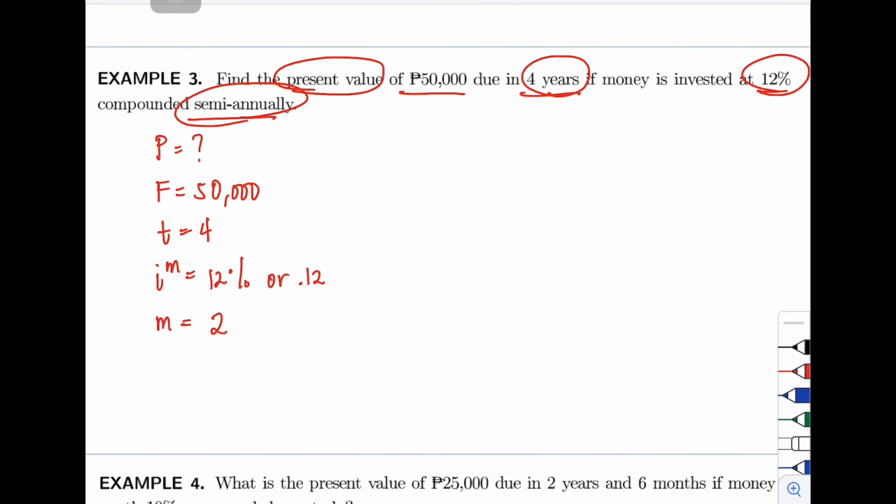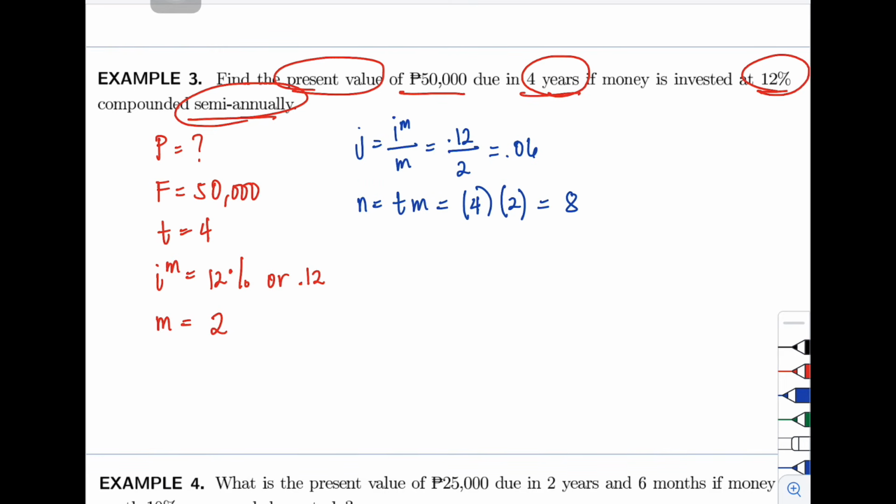Tama? So, ang first move natin is to solve for J, which is equals to nominal rate over M. So, ang nominal rate natin ay 0.12 divided by M, which is 2. So, ang ating J is equals to 0.06. Okay? Then, solve natin si N, which is time times M. So, ang T natin ay 4 times M, which is 2.